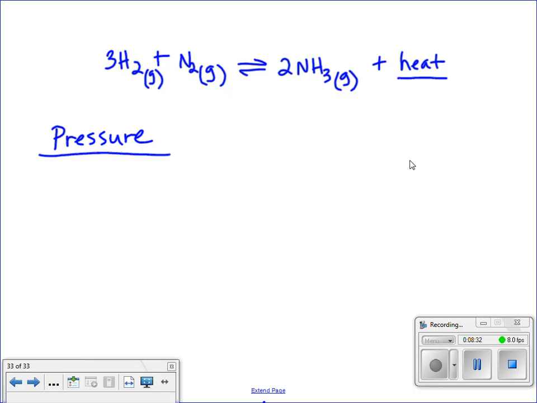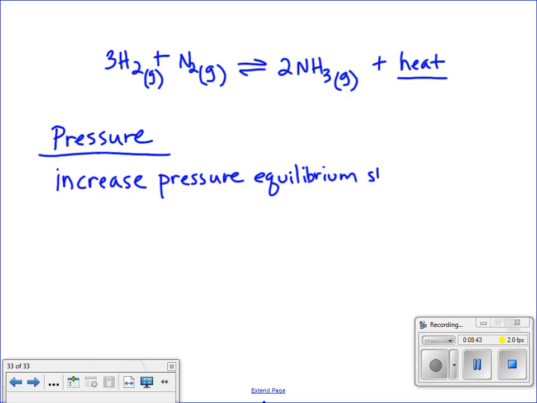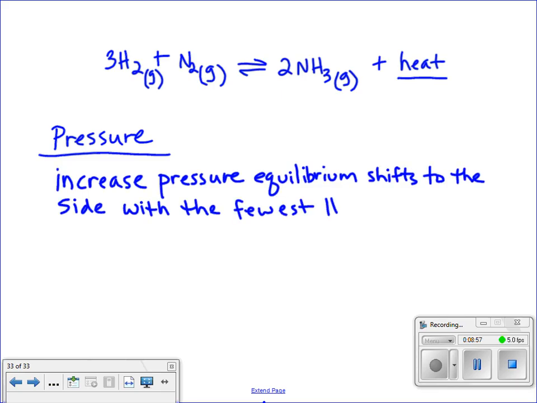So if we increase pressure, so if we were to increase pressure, the more moles of gas there are present, the greater the pressure. So if we increase pressure, we want to reestablish equilibrium again. We need to shift to the side with the fewest number of moles.